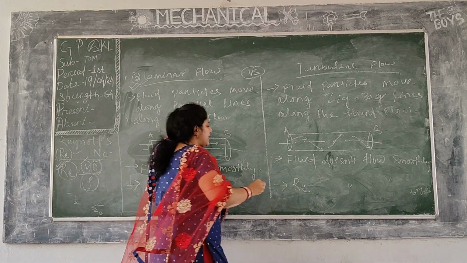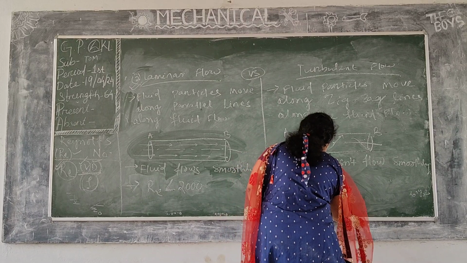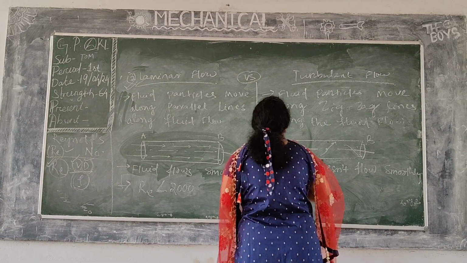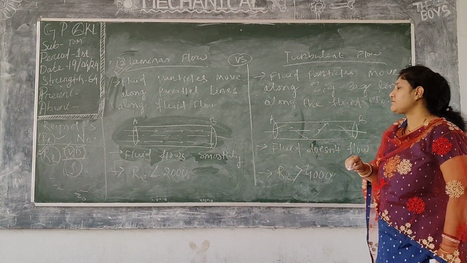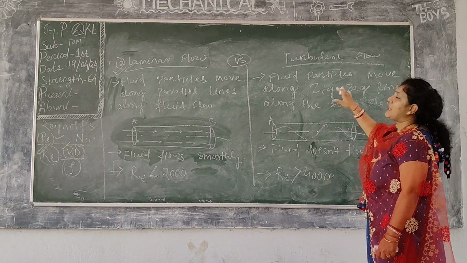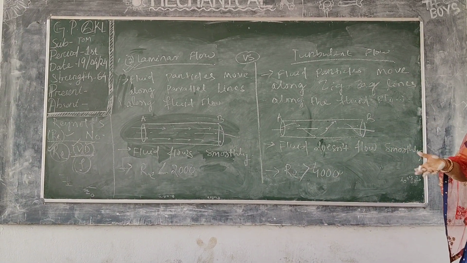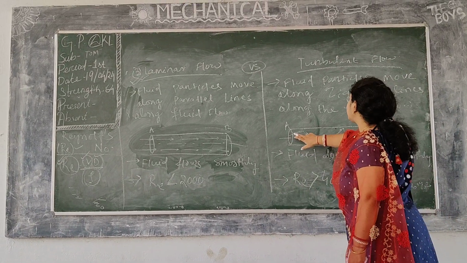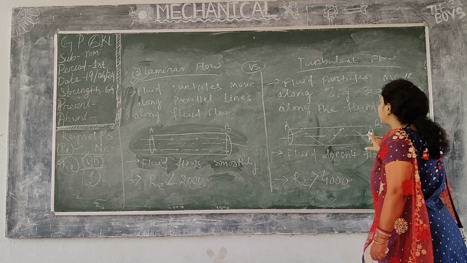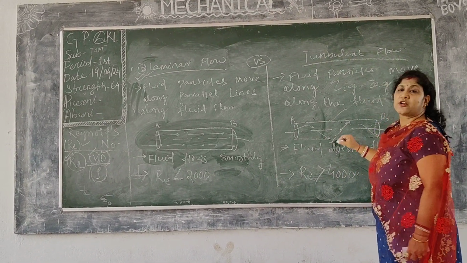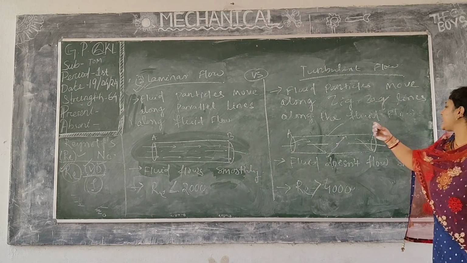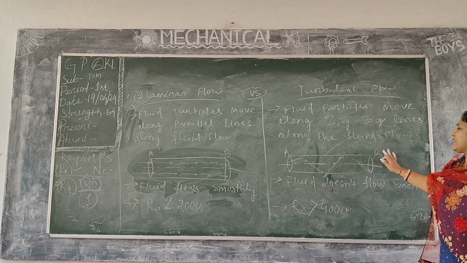And if the Reynolds number is greater than 4000, what will happen? The fluid will go turbulent. Turbulent means the fluid particles will strike here, there. Means there is a lot of pressure on the pipe. It may go here, there, anywhere it can strike.